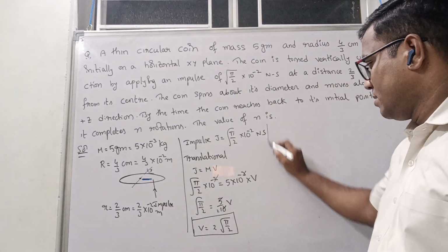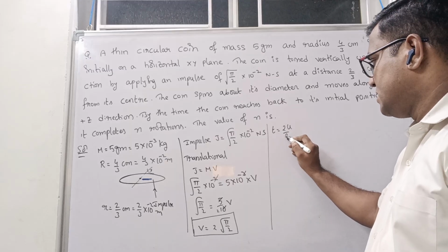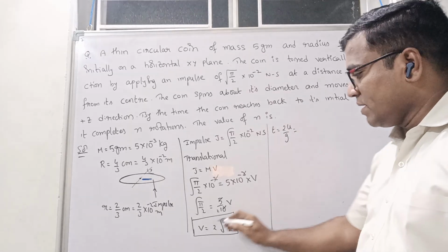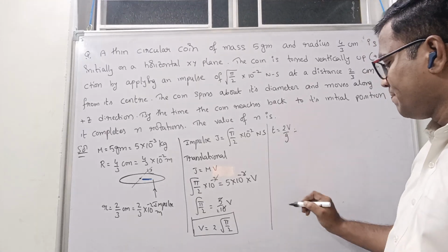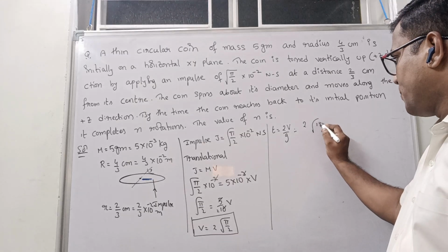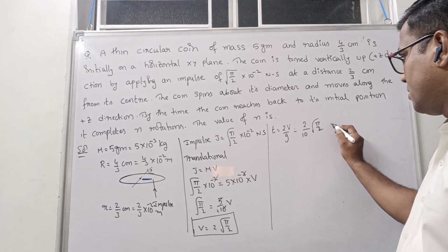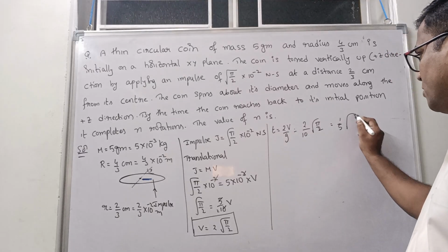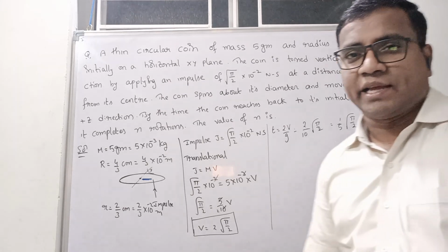Here u is the velocity v, so T is equal to 2v by g, which is 2 into root of pi by 2 upon g. g is 10 here, so T is 1 by 5 into root of pi by 2 seconds. So I got the time.